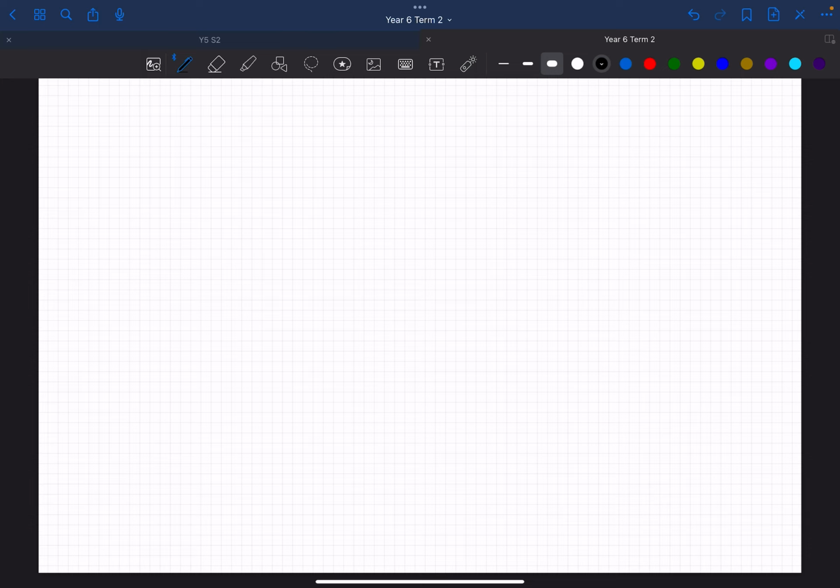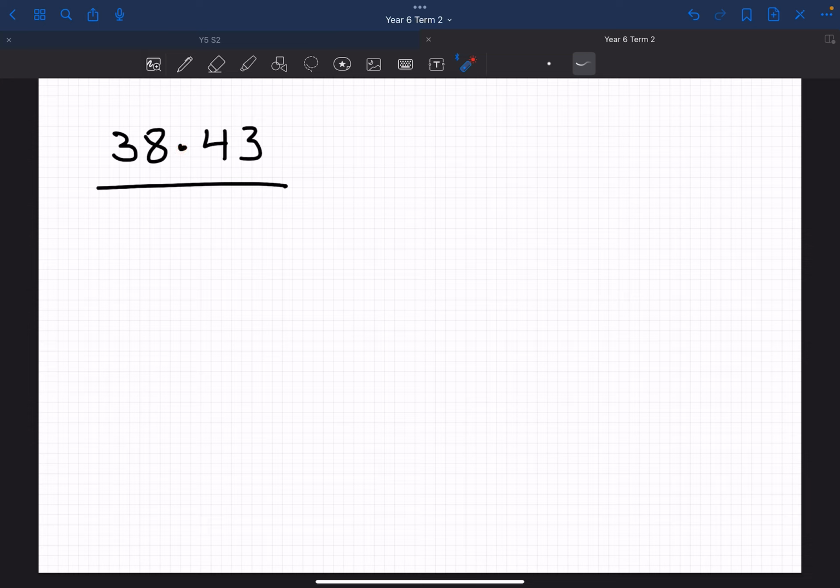A decimal number is any number that has a decimal point. For example, the number here, 38.43. This is a decimal number because it has a decimal point. This decimal point defines this as a decimal number. Okay. Now we're going to apply an operation.